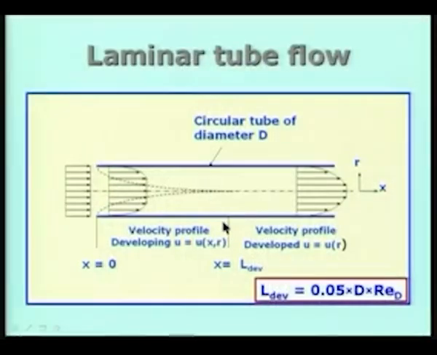Laminar tube flow exists if the Reynolds number is less than about 2000, a little more than 2000, but for our purpose we will assume that laminar tube flow is guaranteed in an apparatus used for measurement of viscosity by requiring the Reynolds number to be smaller than the critical value. You can take for example a value like 500 or 1000, which would be good enough for experiment purposes.